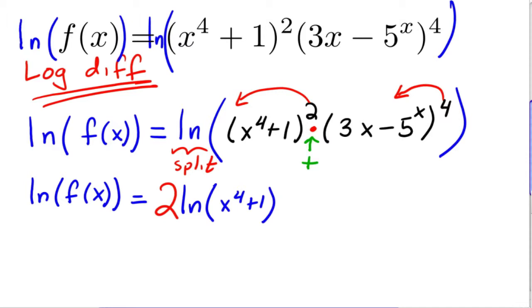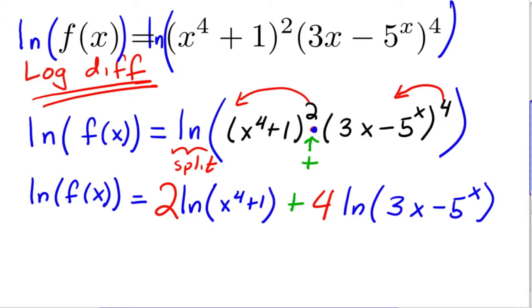And then this turns into a plus, and then the 4 comes down, so 4, and then another natural log of this inside. So I just used 2 of the laws of logarithms in one step. The one that says you can bring the exponents out in front of the log, and the one that says that products turn into addition when you break up the logs.